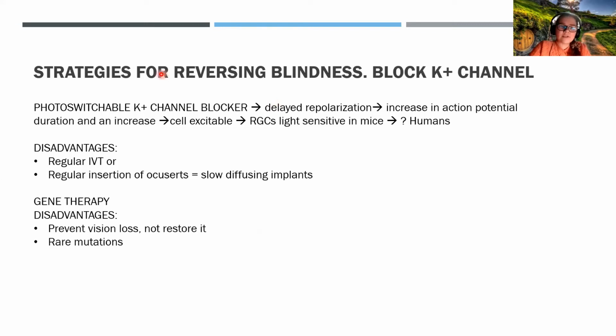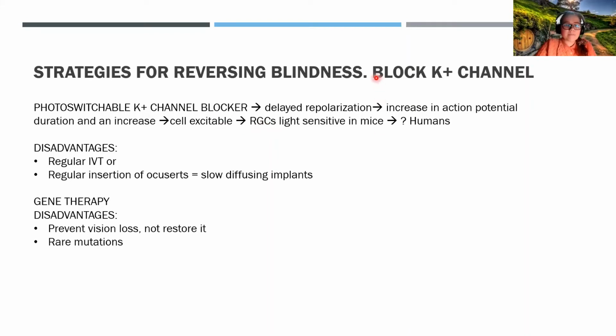Another strategy to reverse blindness is to block potassium channels. When we have delayed repolarization of cells, so increased action potential duration, the cells are more excitable. This was done with retinal ganglion cells in mice, and it hasn't been done in humans, from what I know.